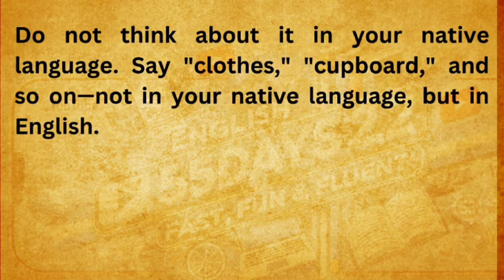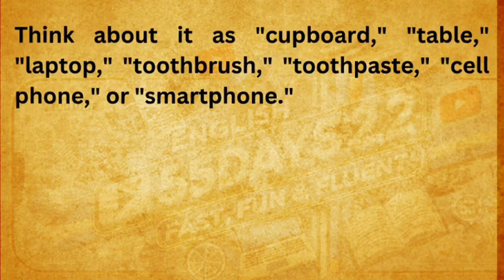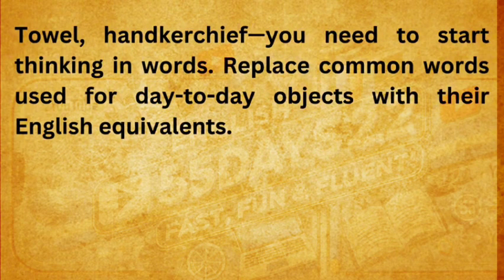Do not think about it in your native language. Say clothes, cupboard, and so on. Not in your native language, but in English. Think about it as cupboard, table, laptop, toothbrush, toothpaste, cell phone, or smartphone, towel, handkerchief.